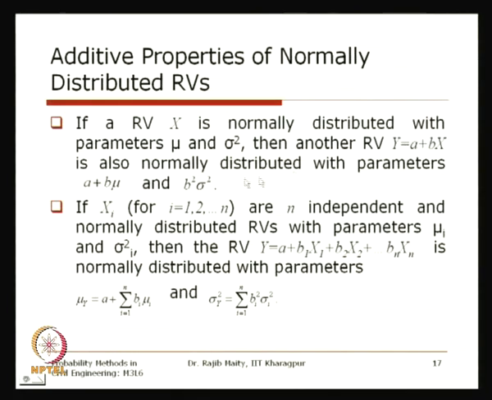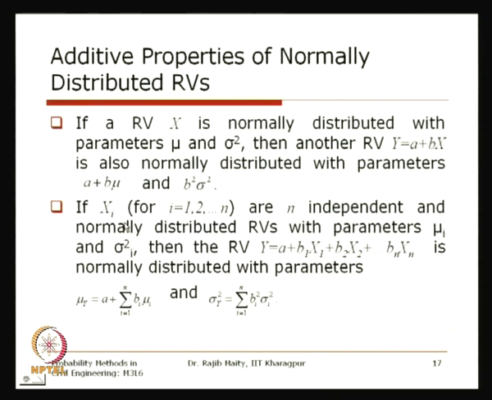And when we talk about the variance, that is the spread around the mean, the constant term that we are adding does not affect it, but what affects it is the multiplying coefficient, and it should be squared. So that is b square multiplied by sigma square.